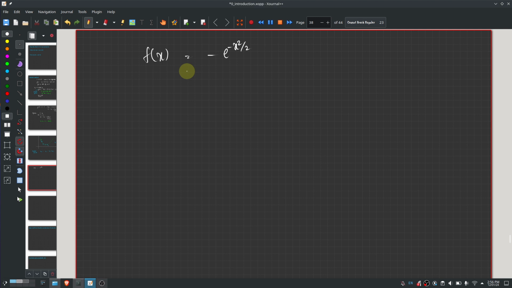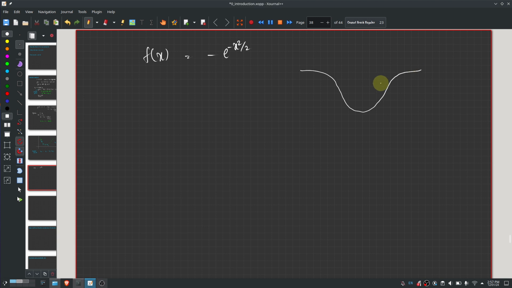Is this function convex, concave? Concave. So what does e to the minus x square by 2 look like? It looks like the Gaussian curve, a bell-shaped curve. Minus e to the minus x square by 2 is the negative, right? So it's going to look something like this, right?